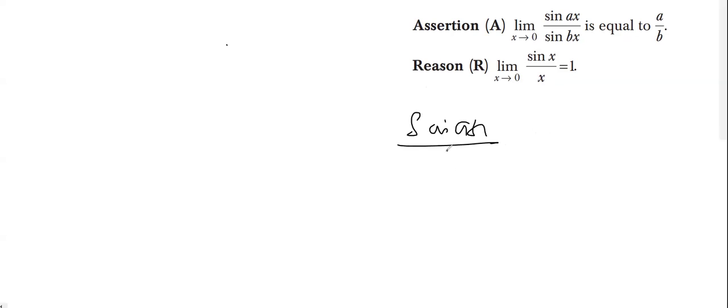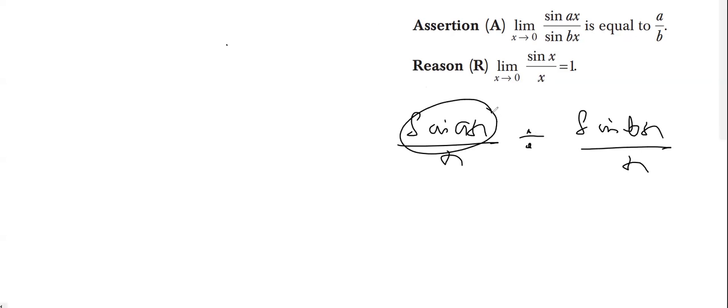If I divide by x first, both the numerator and denominator, it's just that I'm writing a division sign over here. So I've divided the numerator by x and the denominator by x. Now I can further multiply and divide by a here, and by b over here.